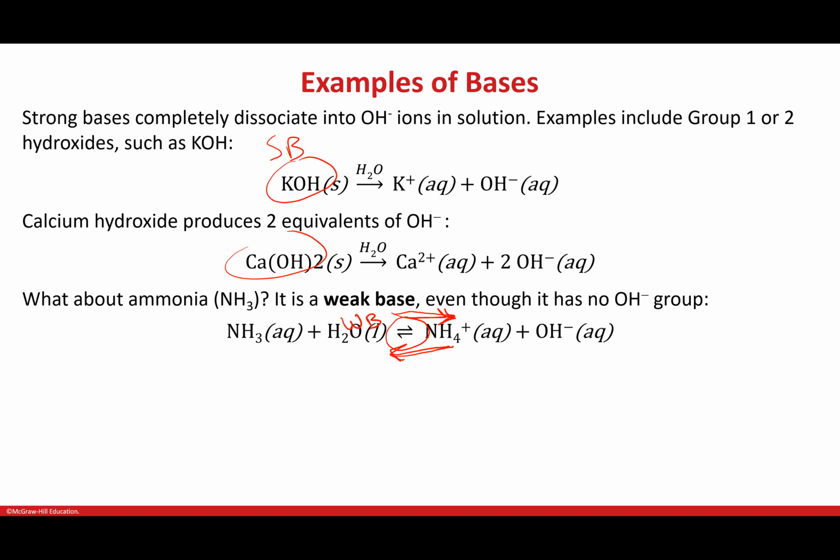What happened was NH3 took, or absconded, a hydrogen from a water molecule and made NH4 plus. Not just any hydrogen, but it took an H plus from a water molecule and left behind a hydroxide. So that's why ammonia is weakly basic.